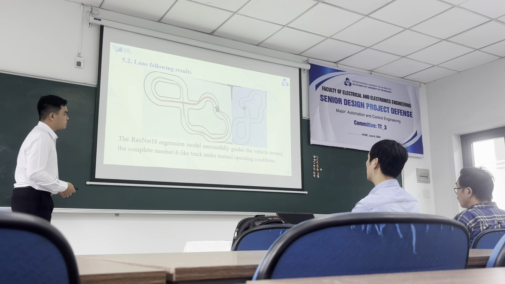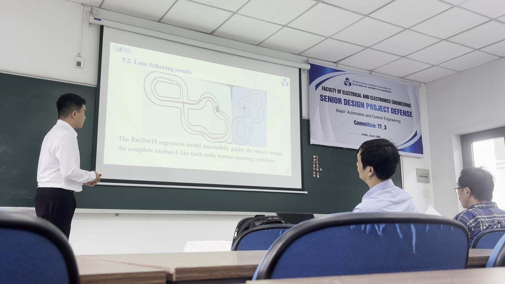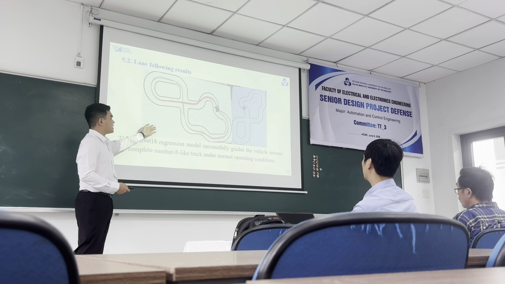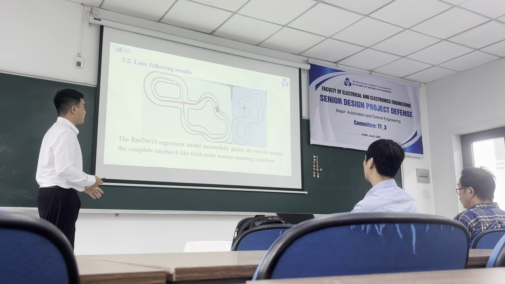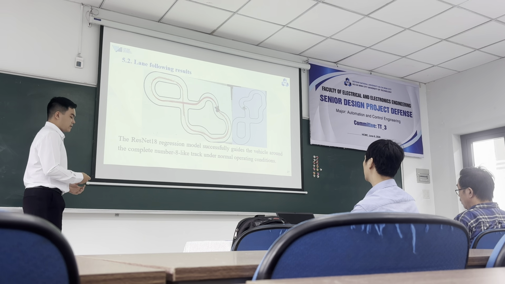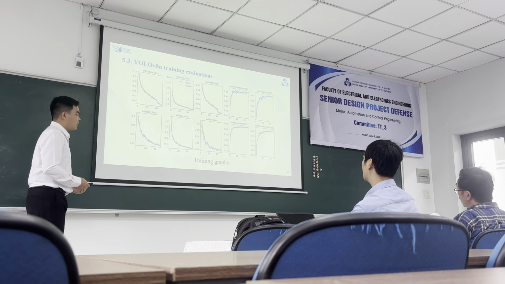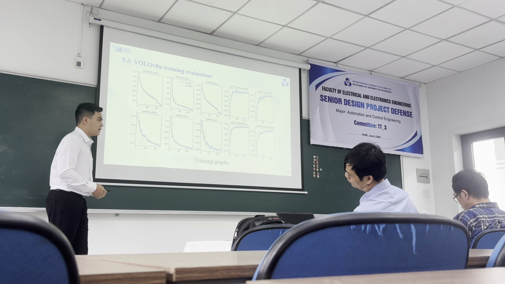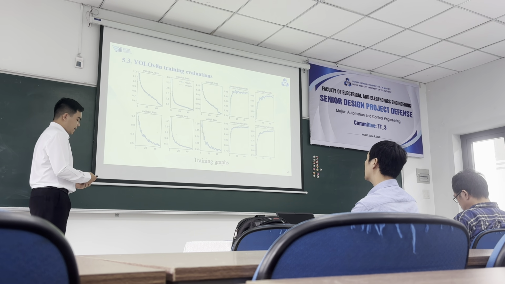And this is a video about the car state consistency. As you can see in this image, I tracked the trajectory of the car, proving that the car stays within the lane consistently. And for the evaluation of the YOLO model, in the loss graph you can see a smooth and downward trend of the training loss, proving that the model learned correctly.